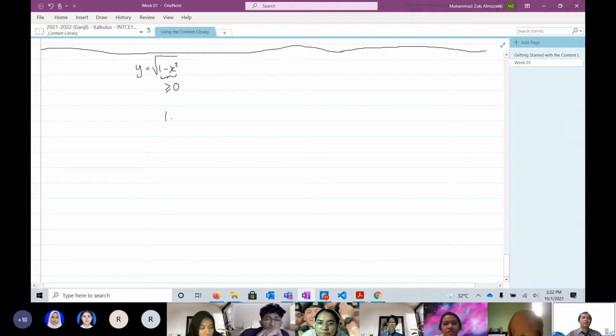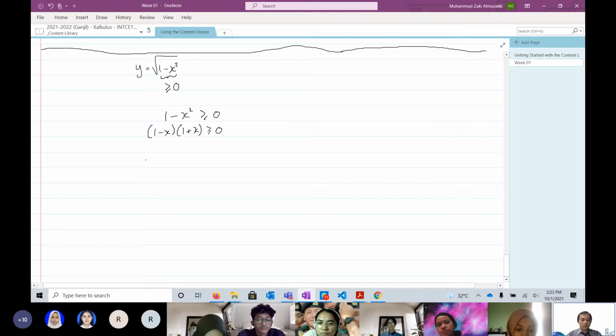So we have 1 minus x squared greater or equal to 0. If we factorize it, we have (1 minus x)(1 plus x) greater or equal to 0. And if we draw the line, like in the morning session, we have -1 and 1, and since this contains the equal part, we have filled circles.